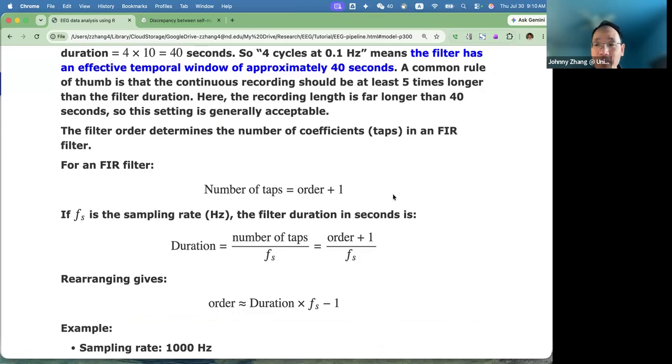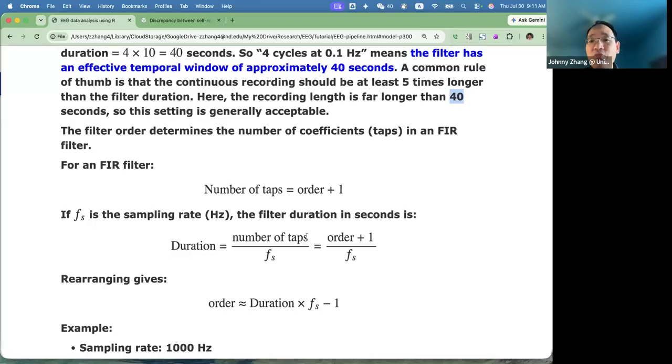We already determined that we are going to use a 40-second period to weight our signals. So that's the total duration we use in our filter. The number of orders plus one gives the number of weights used to weight your signals.